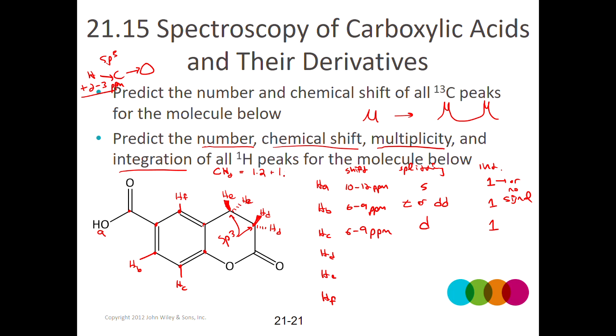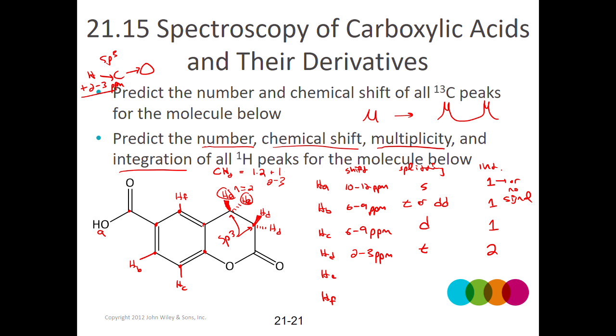And so that's going to end up giving me a signal probably between 2 and 3. It's going to be a triplet because HD is going to be split by 2 identical protons of type E. Using the n+1 rule, I get 2 plus 1, or 3, which gives me a triplet for HD. It's going to integrate to 2.